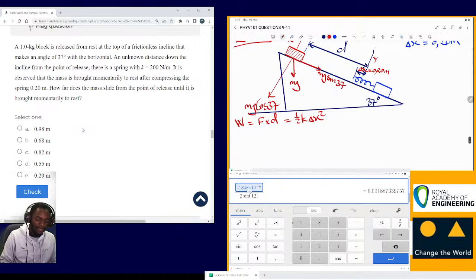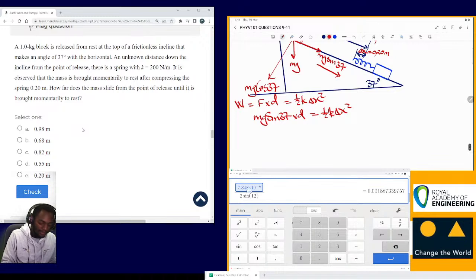And what is the force? It is the component of the weight down the slope, because we are told that it was initially at rest on a frictionless incline, which means it's going to move down the incline as a result of its weight. So it's going to be mg sine 37 multiplied by the distance d, which is equal to half k delta x squared.